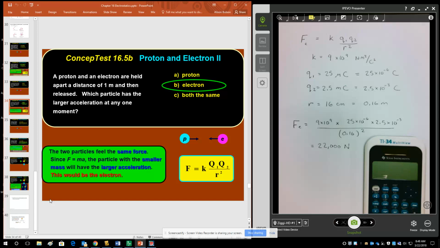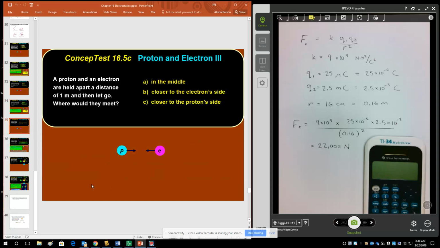Thinking about Newton's third law, I hope you answered that the acceleration of the electron is larger than the acceleration of the proton. They each experience the same force, Newton's third law, action-reaction. But the effect of that force is not the same on the proton as it is on the electron. The effect of that force, the acceleration, also depends on their mass. And the mass of the electron is much smaller than the mass of the proton.